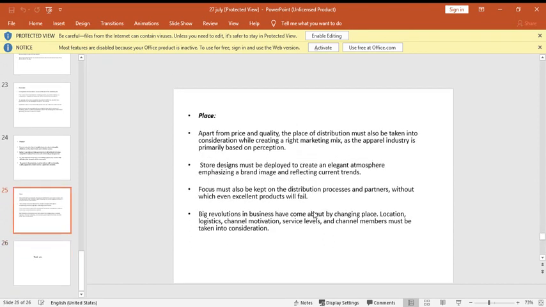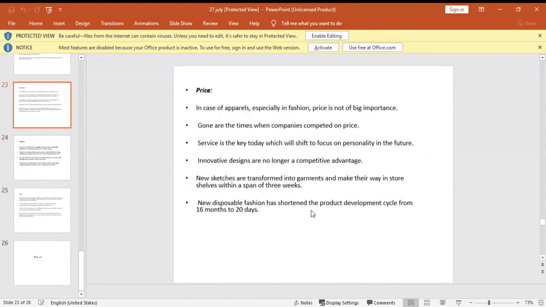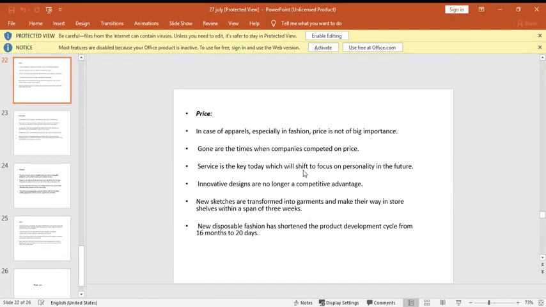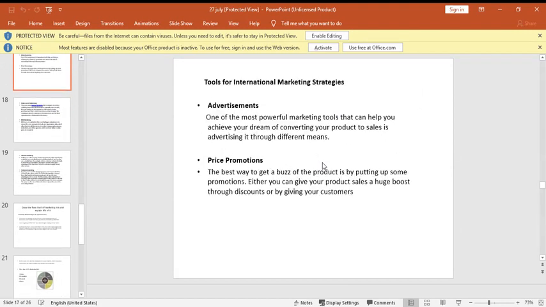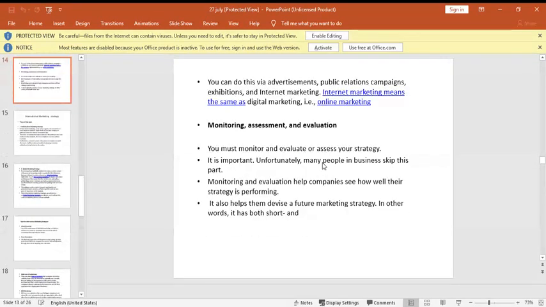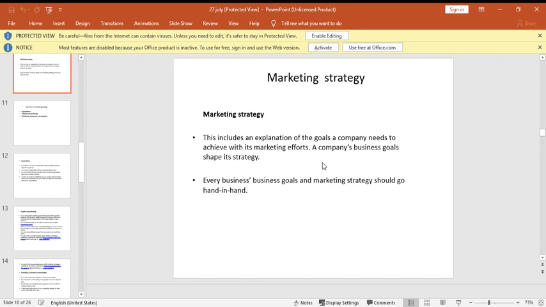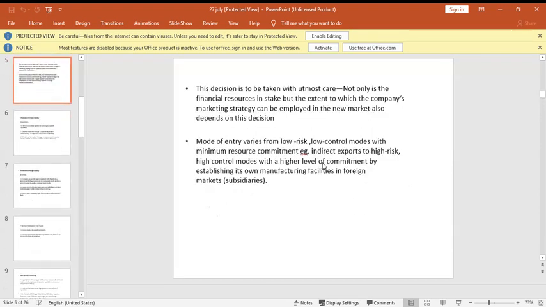So in today's class, we have to see what market strategies it is having.